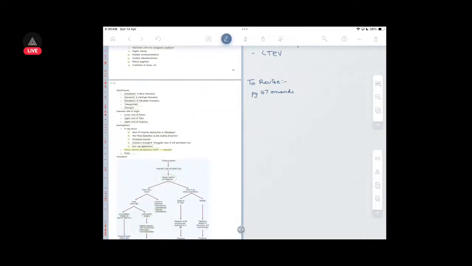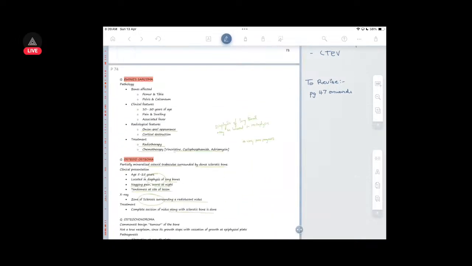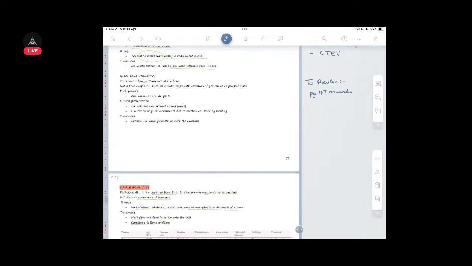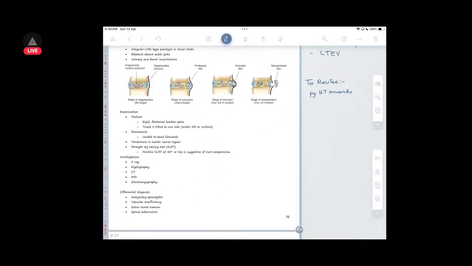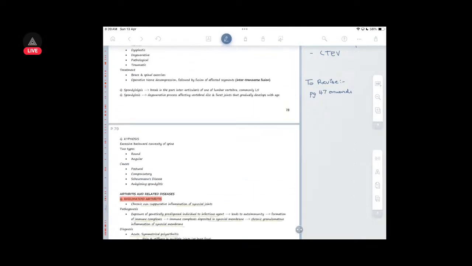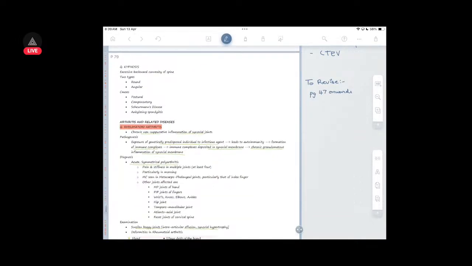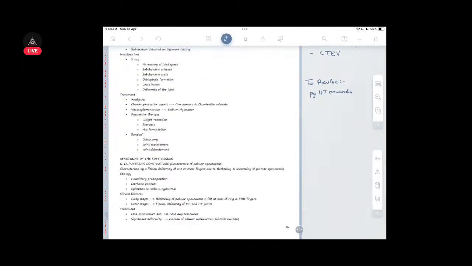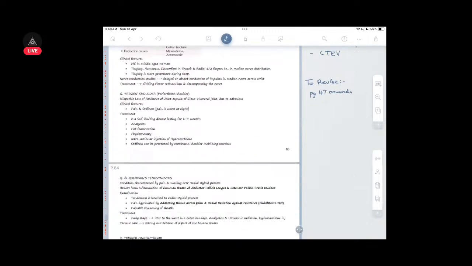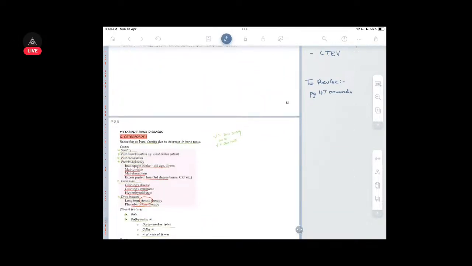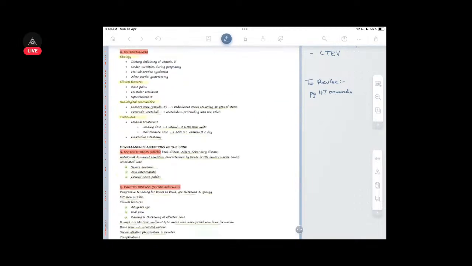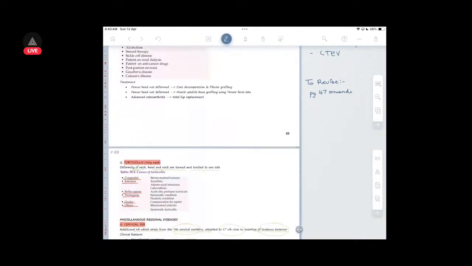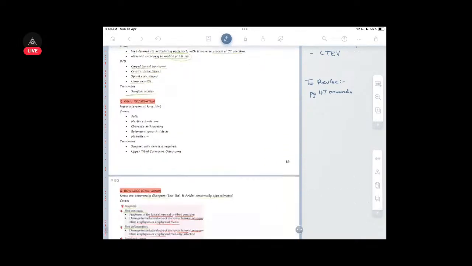So this one I'll try to finish, all the diseases of the bone. Okay, then I can do arthritis, metabolic diseases, rickets, osteomalacia, Perthes, torticollis.